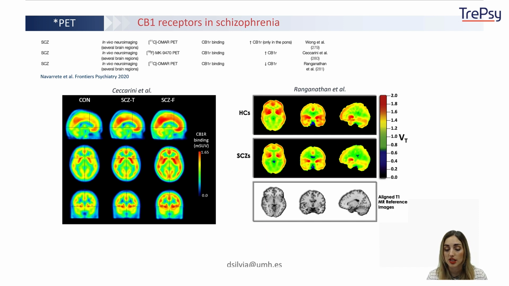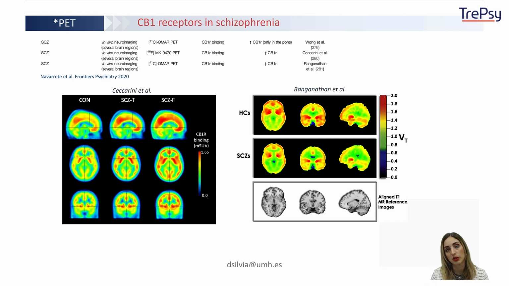In this case, you can see in the paper by Ranganathan at the right that this is something that you can find often in PET results: while PET is used for the specificity of the molecular target, also an MRI image for anatomical reference is acquired.